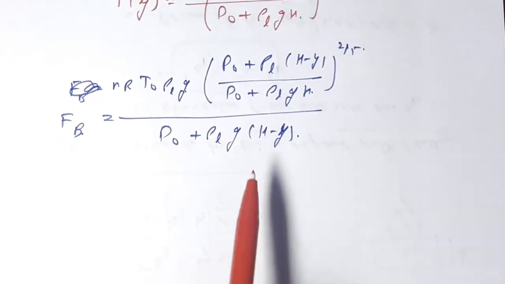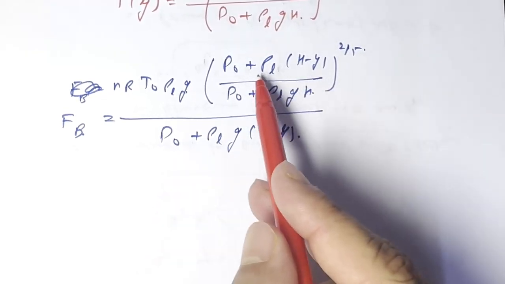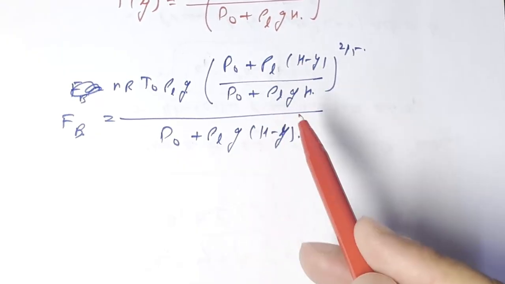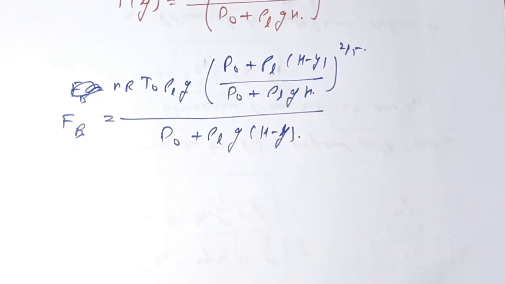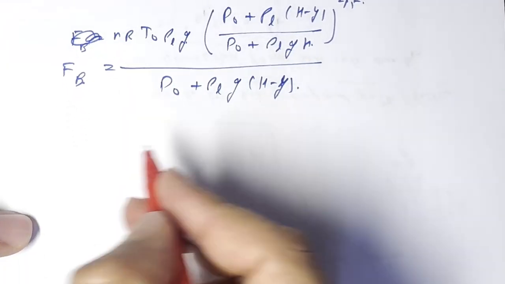We can see from here that the denominator and numerator of this particular fraction look identical, so we can make some adjustment.